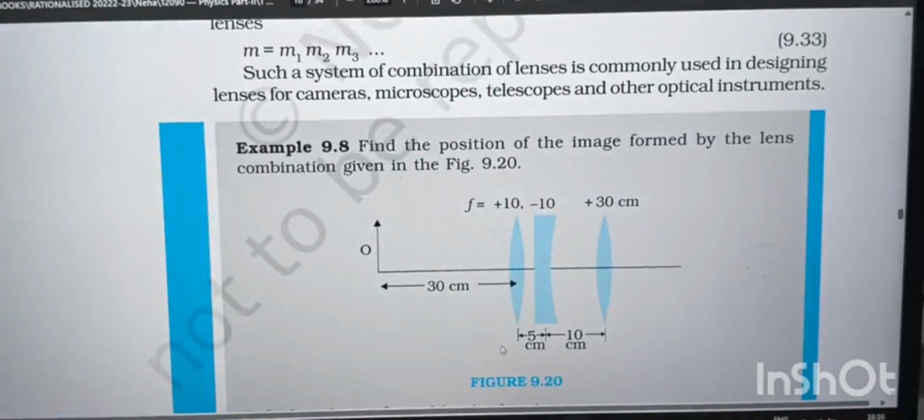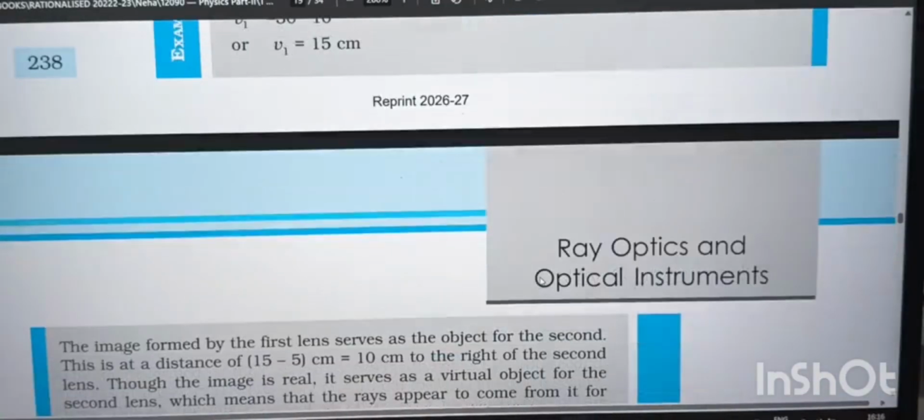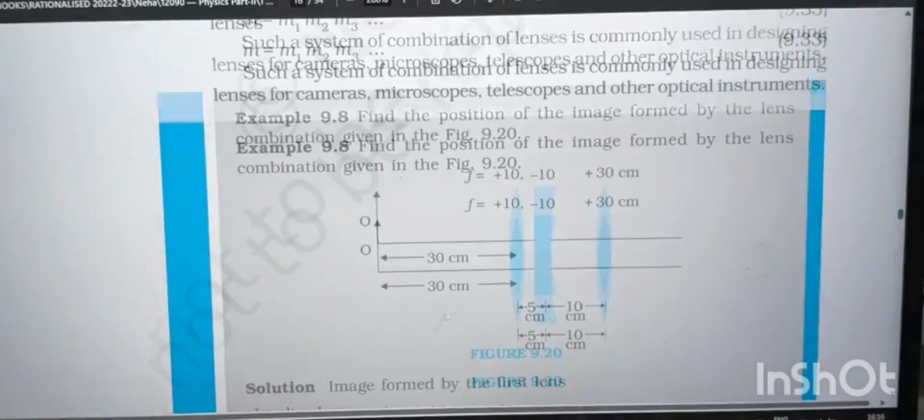Now, this lens image is being formed, but that again will act like an object for the next lens. So for this lens, the object distance is nothing but the image formed by the first lens. But don't directly take 15 centimeter. You have to take 15 minus 5. Why is that so?